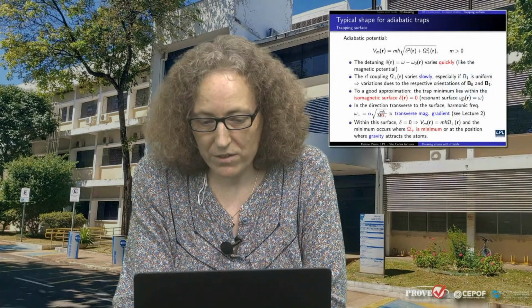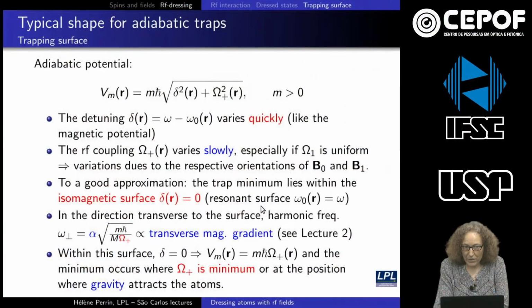So this is a resonant surface. In the direction transverse to this surface, the atoms are strongly confined with an approximately harmonic potential, and the harmonic trapping frequency is given by this value, proportional to the transverse magnetic gradient and inversely proportional to the square root of the RF coupling, and this we will see in lecture 2. So inside the isomagnetic surface where the atoms are confined, of course, as delta is 0, the potential is just equal to m h bar omega plus.